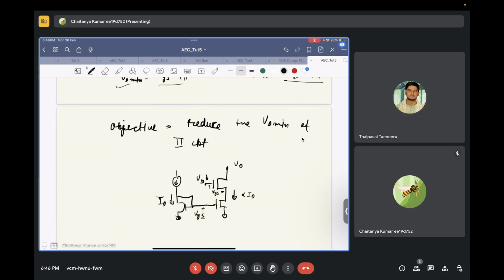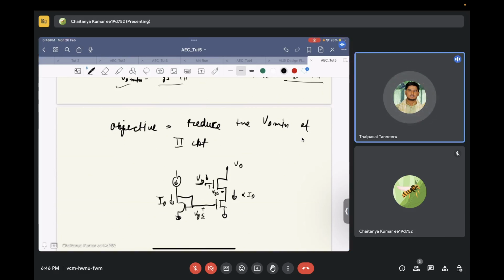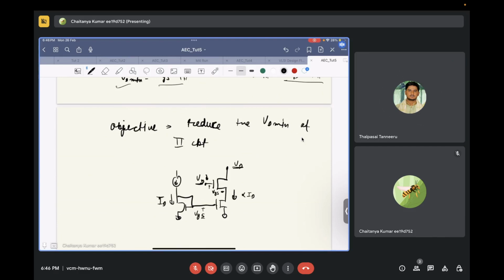Now, to what minimum value can you reduce your VB? It is 2 times VGS, no, sir. No, two times VGS was earlier, and then you said in order to reduce the VD min of this current source, you need to reduce the bias voltage, from two times VGS. Now what I'm asking is, you start reducing the bias voltage from VB. Till what value can you reduce it? That's what I'm asking.